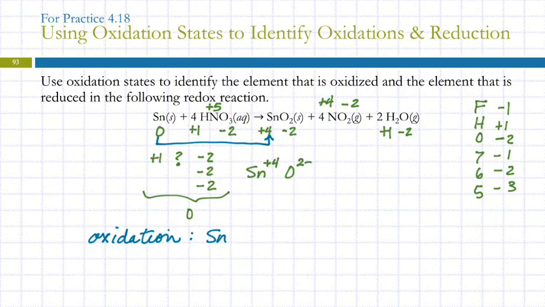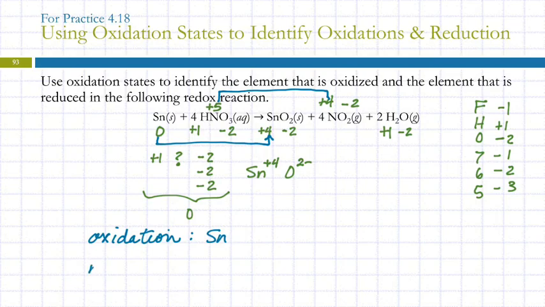And then I'm looking at hydrogen is +1 and hydrogen's +1, nothing happened there. Nitrogen's +5 and over here it's +4. Well, that's different. Did the oxidation state go up or down? From 5 to 4. It went down. So it was reduced.